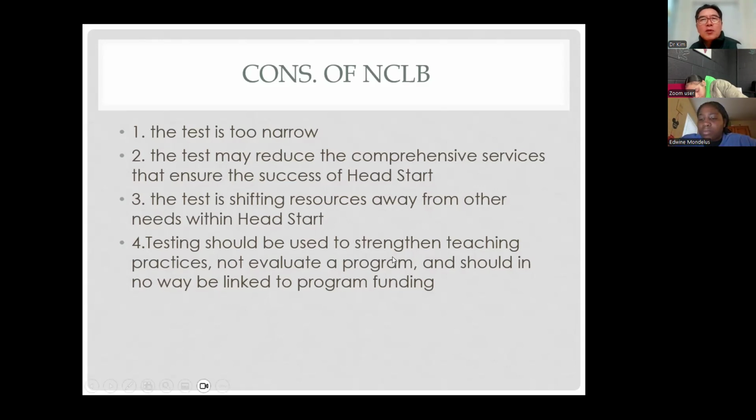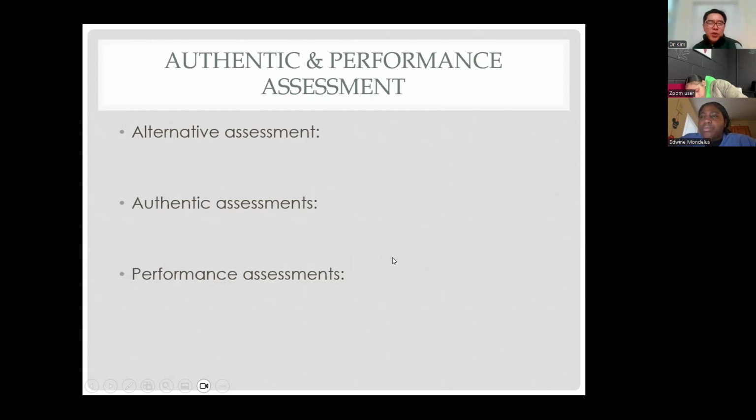So those are some cons of NCLB. We usually categorize assessments as alternative assessment, authentic assessment and performance-based assessment. An example of performance-based assessment is portfolio assessment, and authentic assessment is based on authentic documentation.